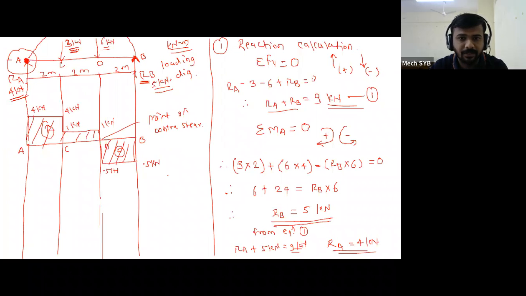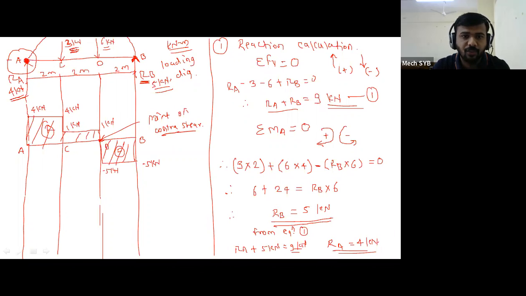Then, by using this ESF calculation, how to draw the ESF diagram, we also discussed in the previous lecture. This is the SFD in front of you, and in this SFD you get one point, point D, where your ESF calculation changes its sign from positive to negative. Therefore, this point is called a point of contra shear.